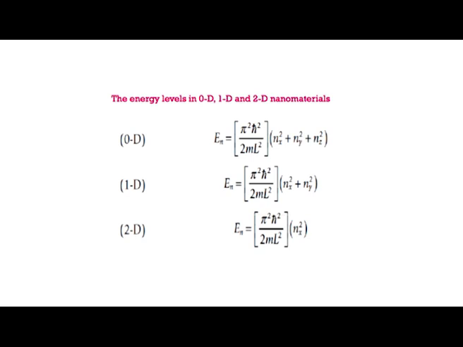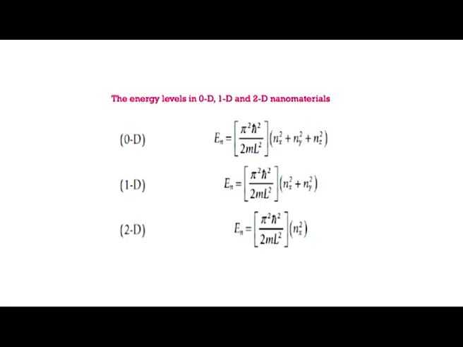Now for one-dimensional nanomaterial, the energy equation is reduced to E = π²ħ² / 2mL² × (nx² + ny²). What happened here is the z direction changed to bulk direction and confinement is along x and y direction.